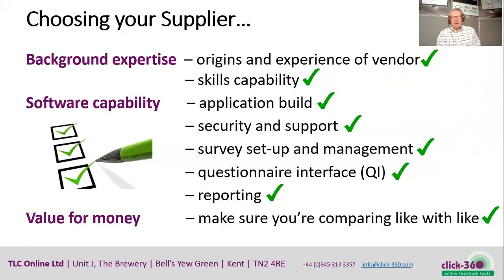For example, a bespoke questionnaire, help with briefings, feedback coaching, etc. And that will determine what kind of background expertise you need. So we've split this topic into 2 items around background expertise, 5 items around the 360 tool and the supporting infrastructure, and finally one about value for money.